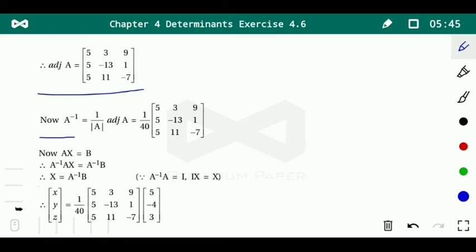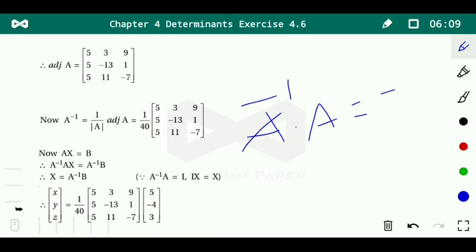Therefore A inverse equals 1 upon determinant of A into adjoint of A, which is 1 by 40 into 5, 3, 9; 5, minus 13, 1; 5, 11, minus 7. Now AX equals B, already we have written down. Now we have to take A inverse on both sides. So A inverse into AX equals A inverse B. So on the left hand side A inverse A will be the identity matrix, so no need to write. It gives X equals A inverse B.